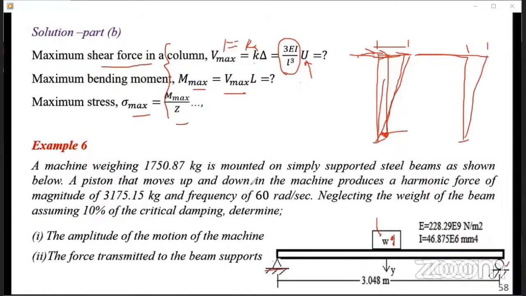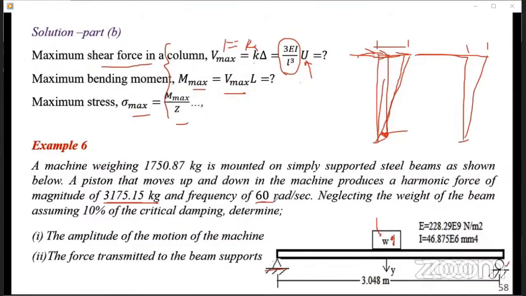Because of that piston moving up and down, the machine produces a harmonic force of magnitude 175 and a frequency of 60. So the machine produces this dynamic force at this frequency.